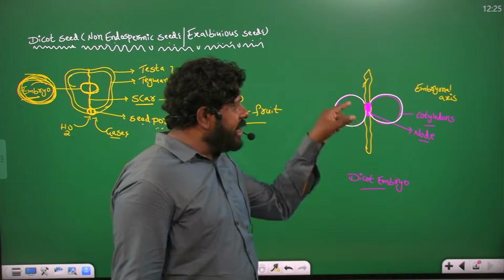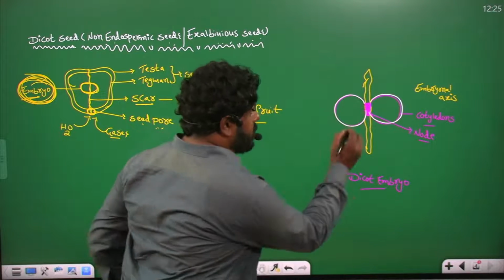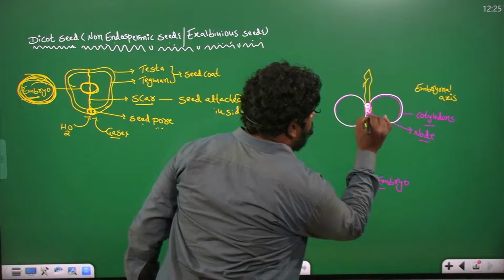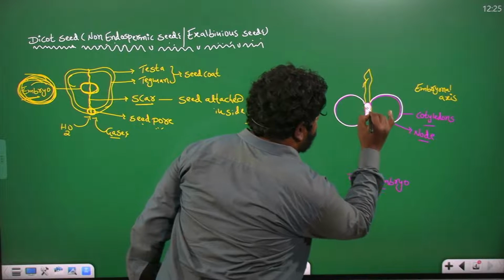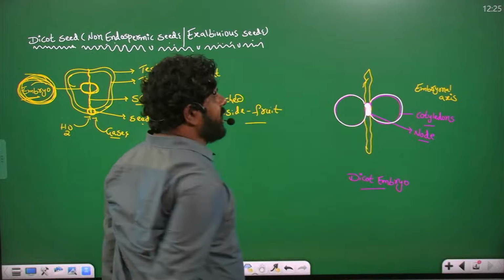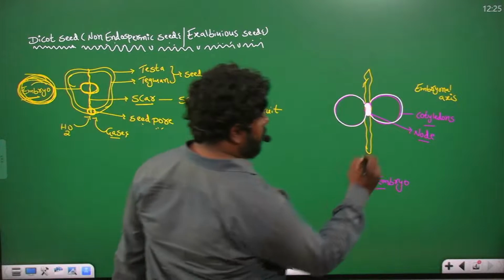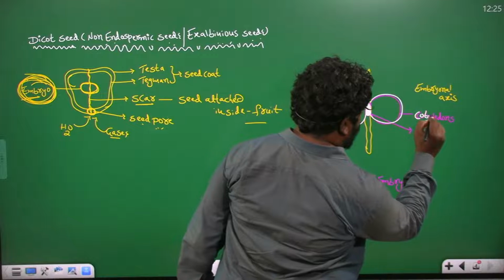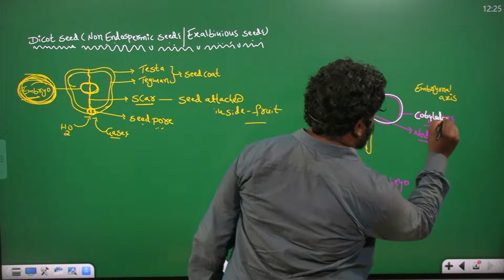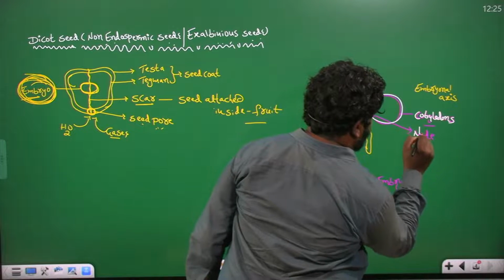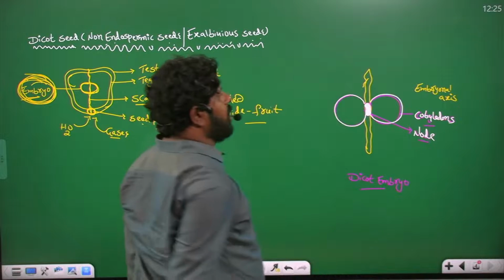Where the two cotyledons are attached, that point is called the node. These are the cotyledons. How many cotyledons are present? Two cotyledons. Where both are attached, that point is called the node.